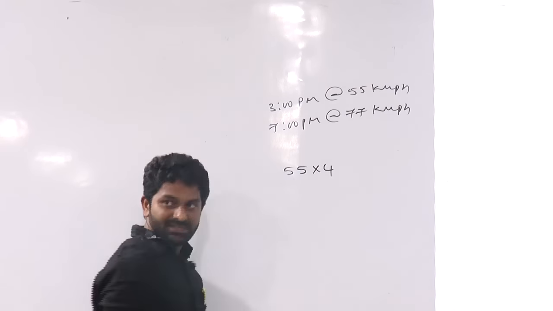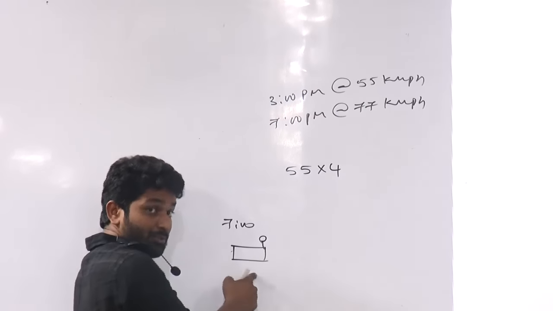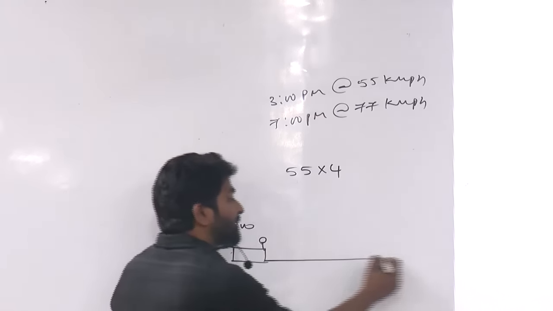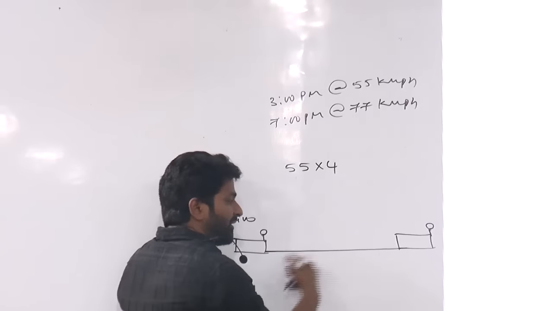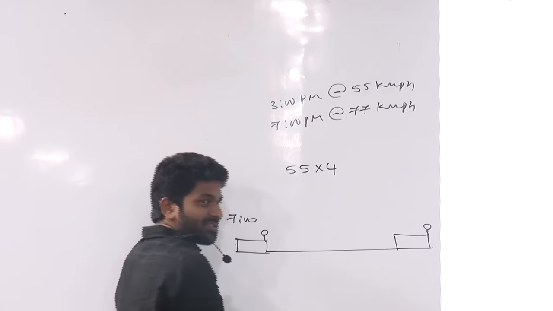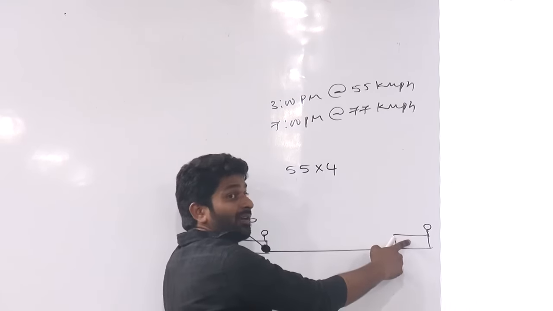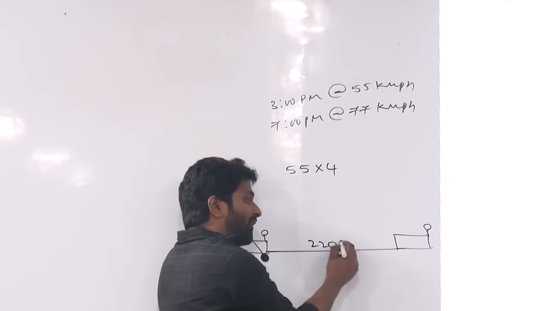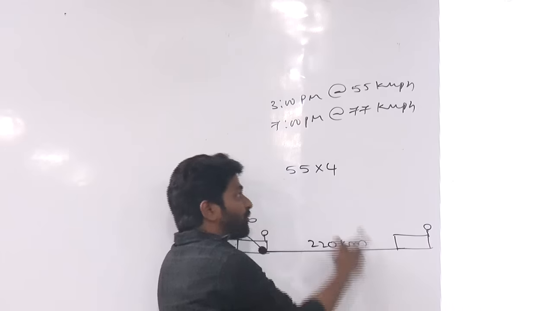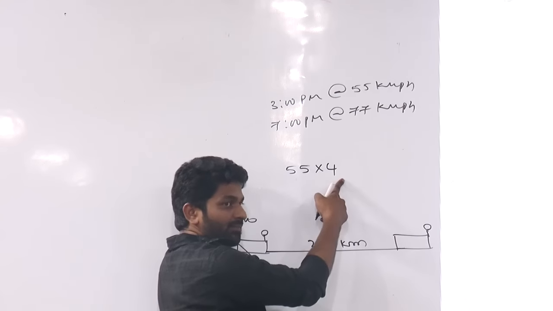So now at 7 p.m., the super fast train will be at this particular point, which is Mumbai, and at 7 p.m. the passenger train will be at this point. Distance between these two trains: in 1 hour it will cover 55 kilometers. In 4 hours it can travel 220 kilometers. Distance between these two trains is this much, 220.